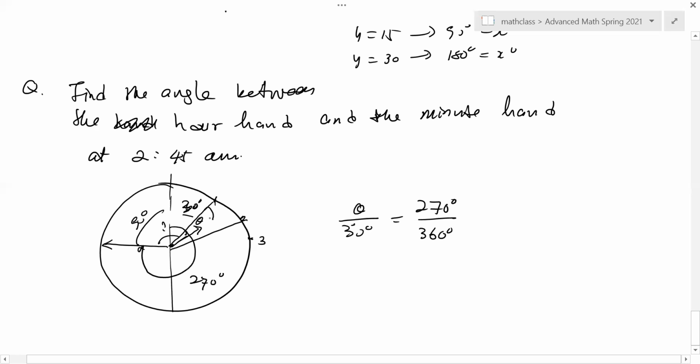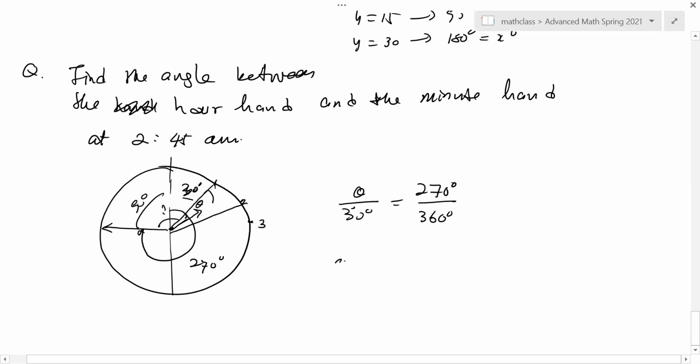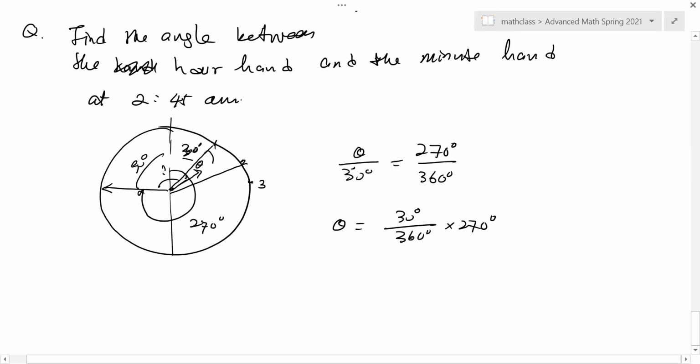Okay, so the hour hand rotated theta, right? So from here, theta equals, so you can simplify it. Once you simplify, then let's calculate. 30 times 270 divided by 360, so it's 22.5 degrees, right? So that is theta.